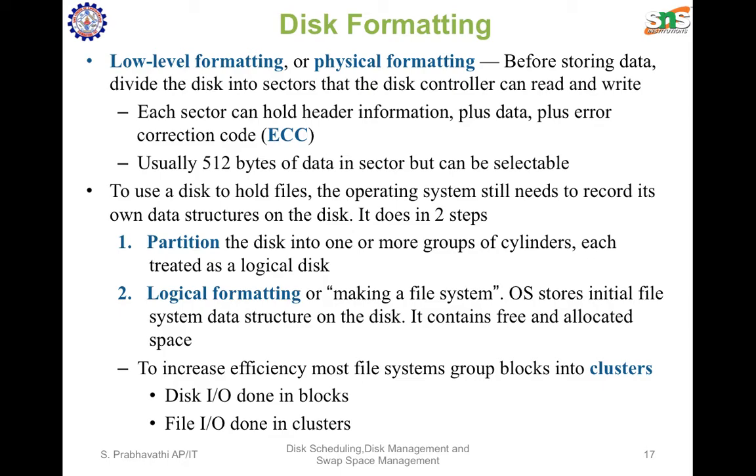We need to partition it to manage it efficiently. For that, the operating system partitions the disk into one or more groups of cylinders, and each group is treated as a logical disk.